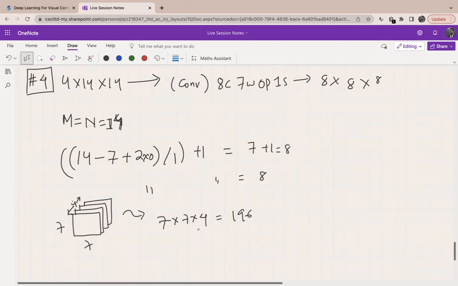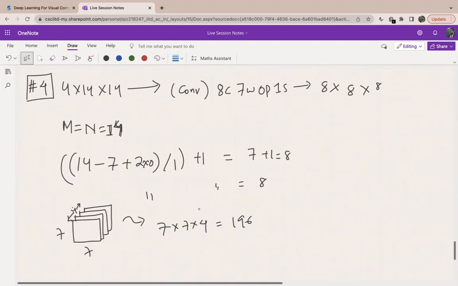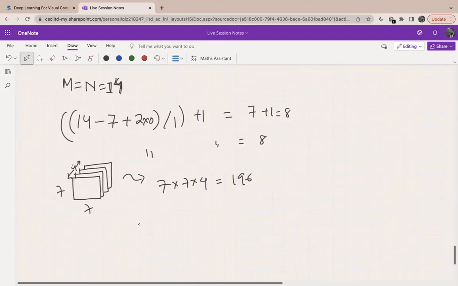And how many filters do we have? 8 filters. So 196 into 8.